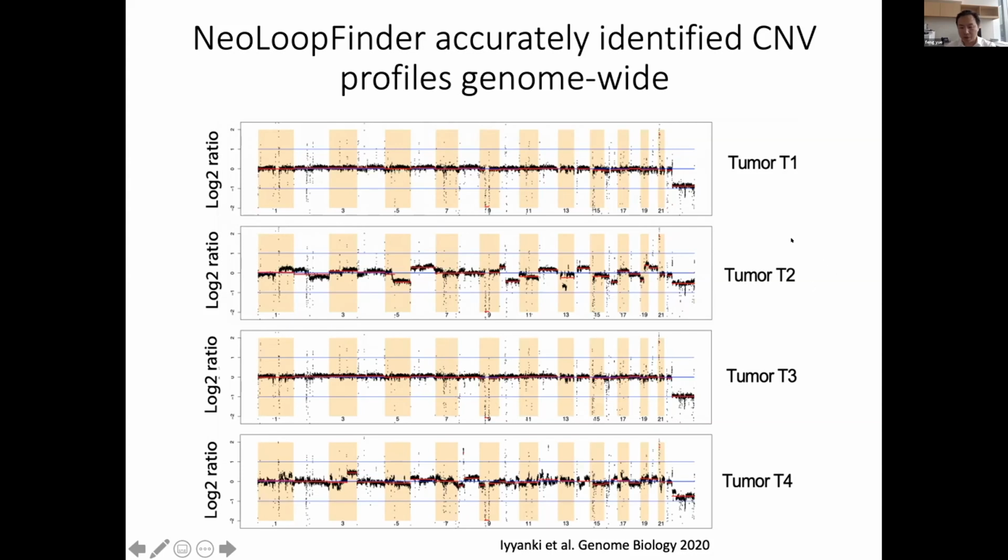But in patient number 2, you can see this patient loses the whole Q arm of chromosome 5. Loss of the Q arm was reported in bladder cancer 30 years ago as one of the really prominent events. And in patient number 4, you can see a gain of copy of the Q arm of chromosome 3, again a big recurrent alteration in bladder cancer as well.